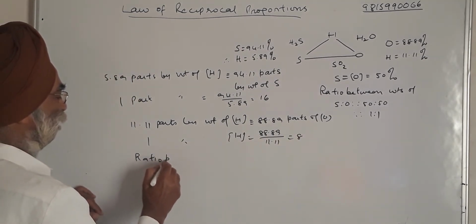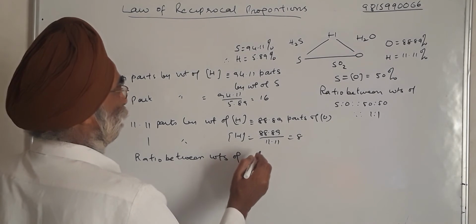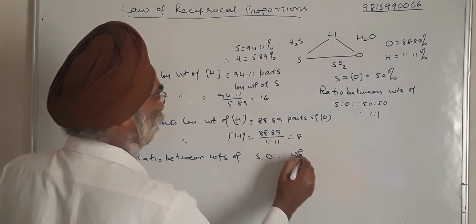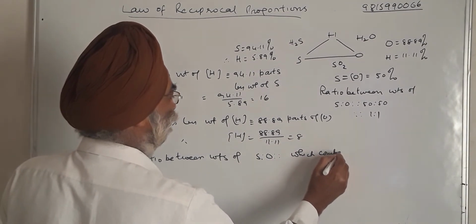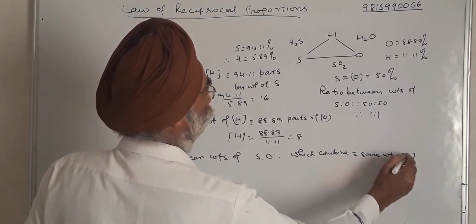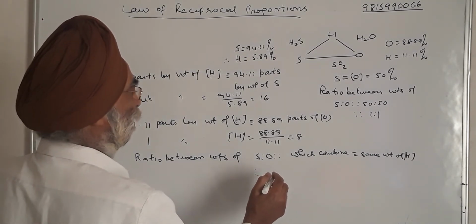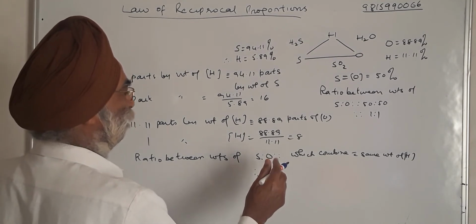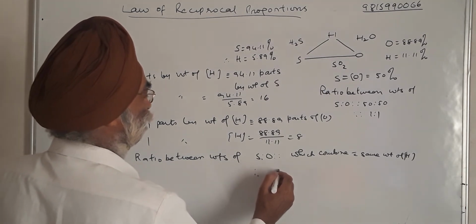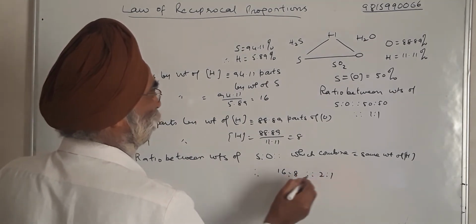So the ratio between weights of sulfur and oxygen which combine with the same weight of hydrogen is 16:8, or it is 2:1.